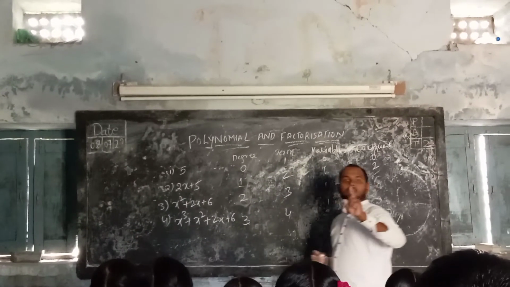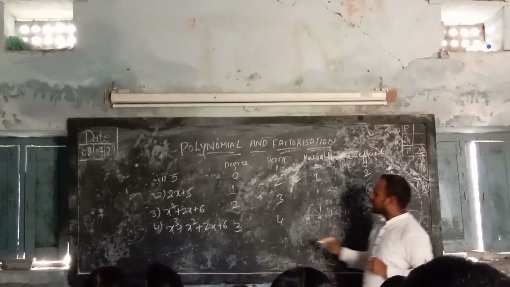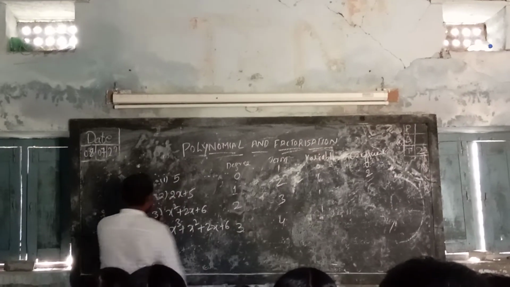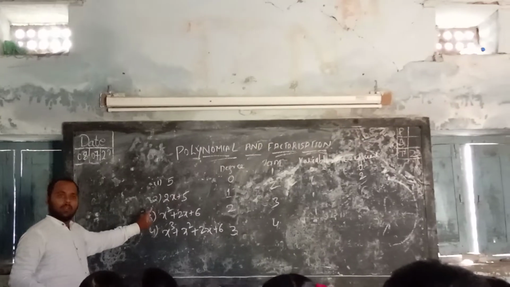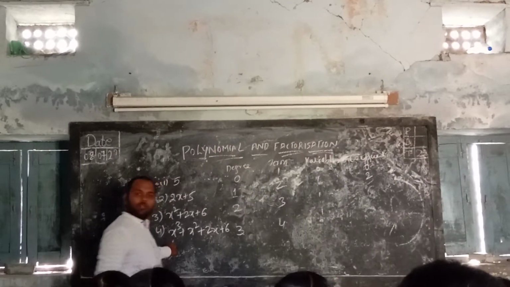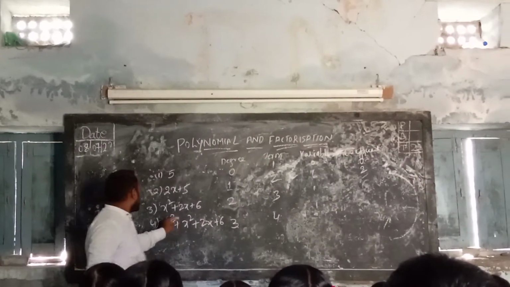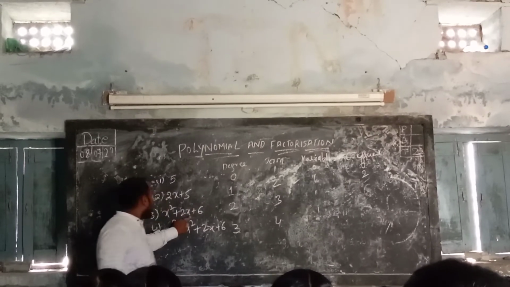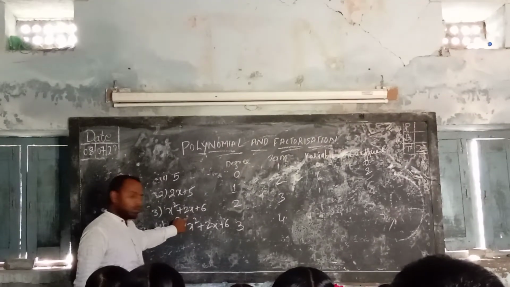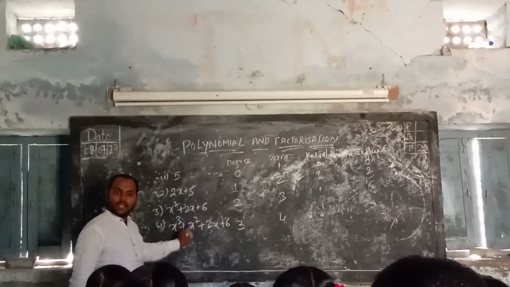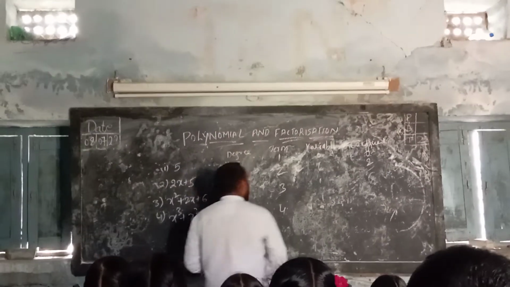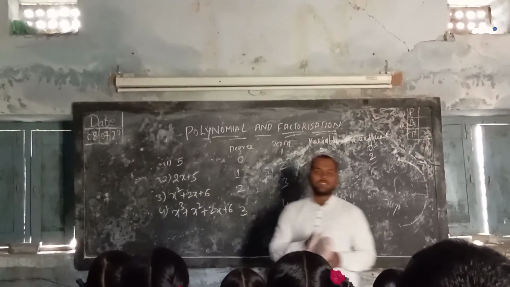Who said? Very good. X square, if nothing is there, you should treat it as 1. Understood? X cube coefficient is also 1. If you ask, in this term, x coefficient is how much? Then 2. Here, x square coefficient again 1. So, I hope that now you have understood.